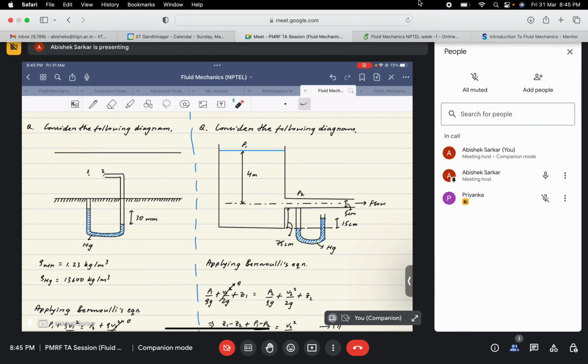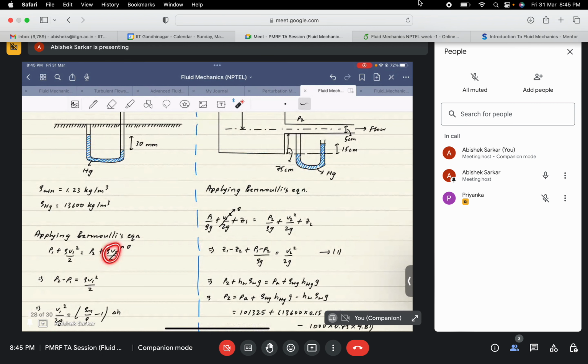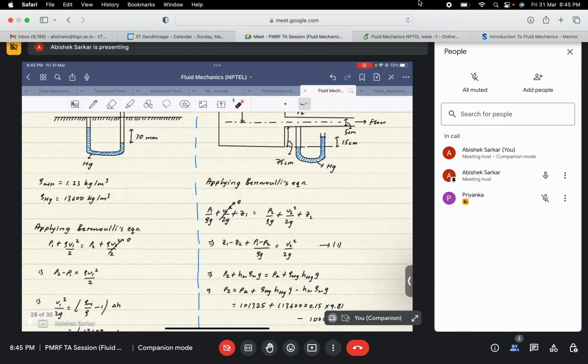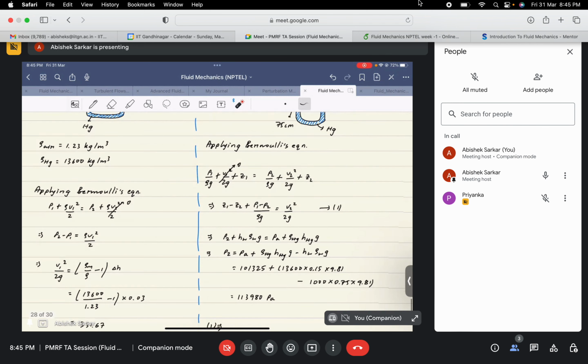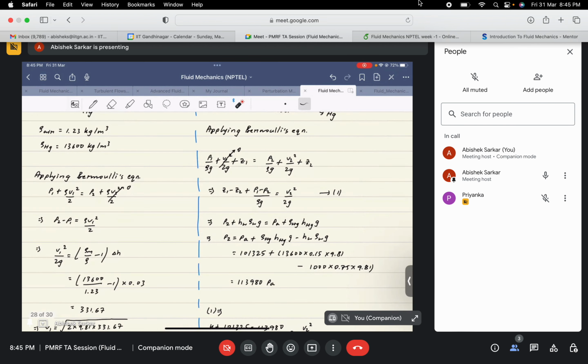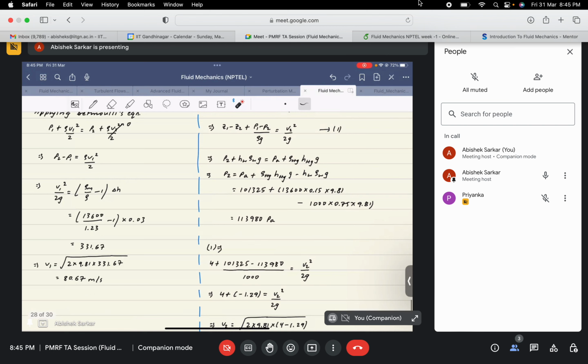So V2 becomes 0, and we can obtain V1 in terms of P2 minus P1. From the notes, P2 minus P1 is obtained using this expression, rho m minus rho m by rho minus 1 into delta H, after certain manipulations, where rho m represents the density of the heavy fluid, that is mercury in this case. Substituting those values, we finally get the value to be 80.67.